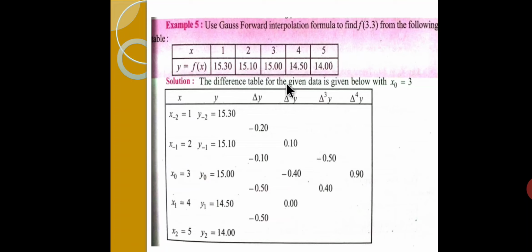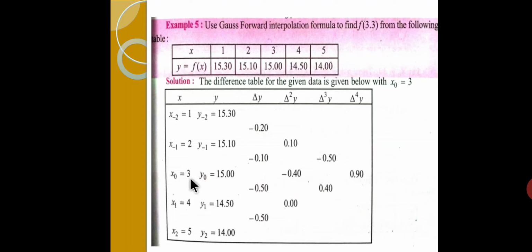The difference table for the given data is given below with x naught equal to 3. We consider the center value of the given data. Here we have 5 observations, and the center value is 3. We consider that center value as the initial value x naught, so x naught is equal to 3.